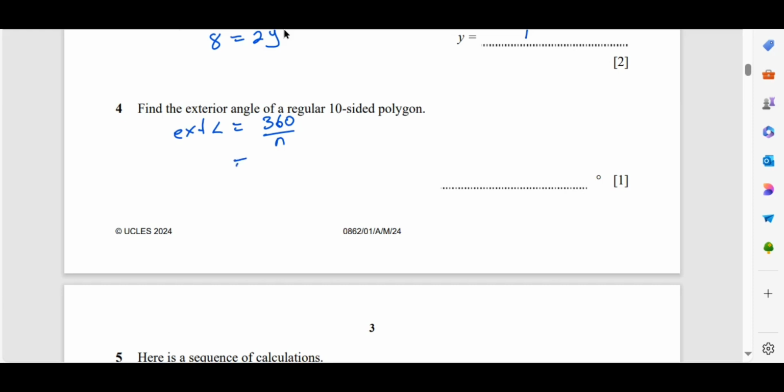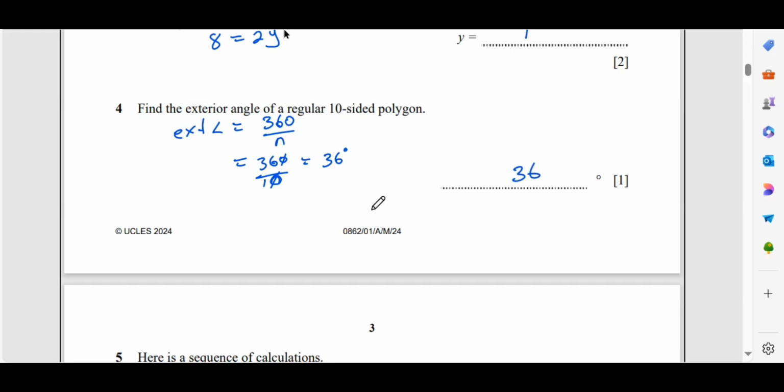So with this now, we can say that 360 over the number of sides is 10. Okay, is 10. So with this, we can say that each exterior angle here is 36 degrees. So we'll write our 36 degrees, the degree sign is already here. So we'll move to our next question.